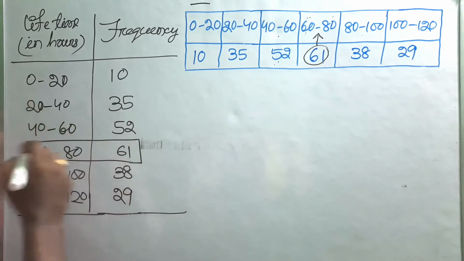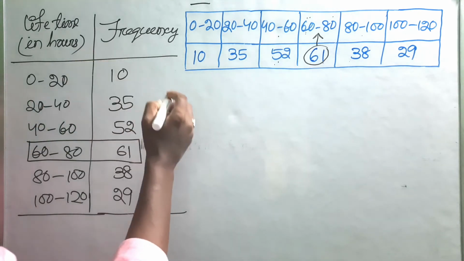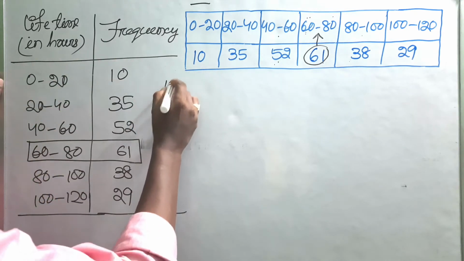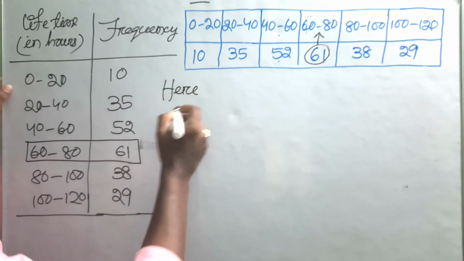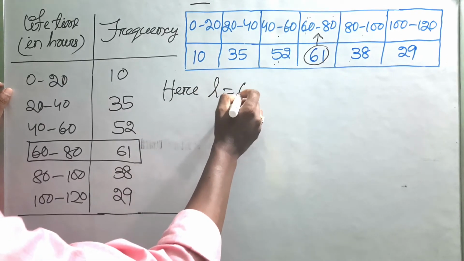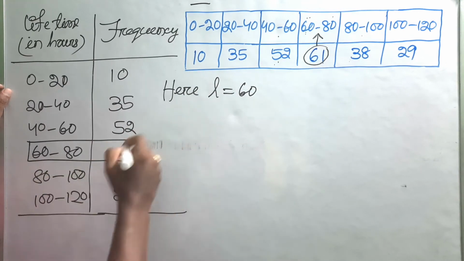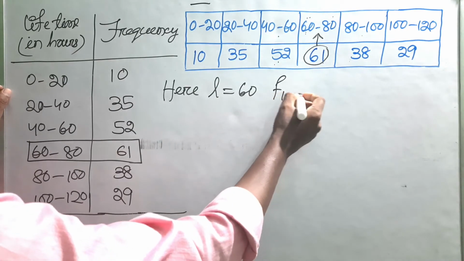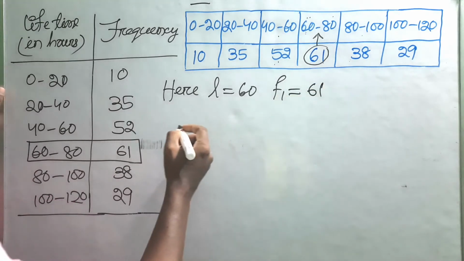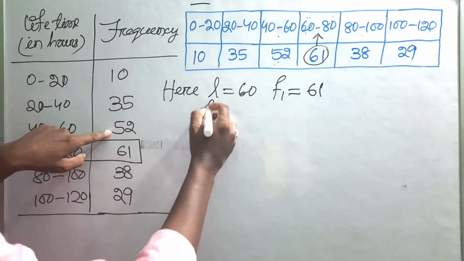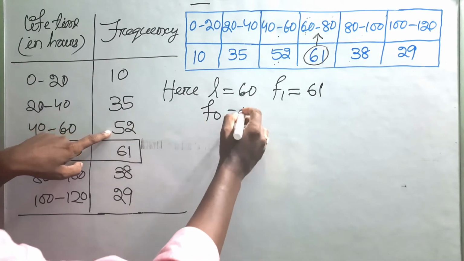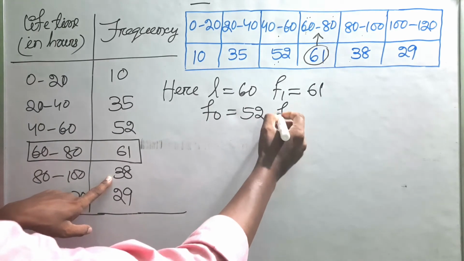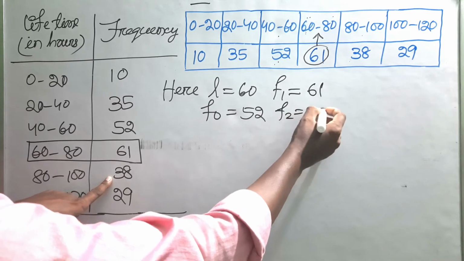Now write down what L, F1, F0, F2 are. L is 60, the lower limit. Then the modal frequency F1 is 61, the preceding class frequency F0 is 52, and the succeeding class frequency F2 is equal to 38.